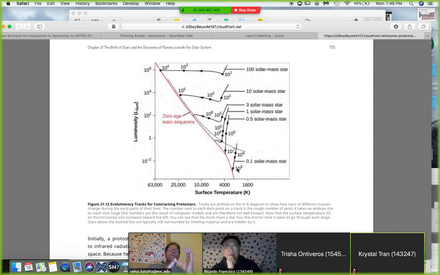So we call the phase in which the star is undergoing contraction pre-main sequence stars. Why pre-main sequence stars? Because it's prior to the point they reach what we call the main sequence. And the point when they exactly ignite fusion reactions in their core is called zero age main sequence.